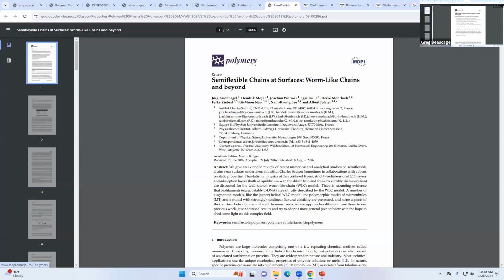Okay, so Polymer is a journal from Elsevier, and Polymers is a journal from MDPI, which is called a predatory journal, meaning that you pay to publish it and no one reviews it. The cost to publish is like $2,000, so you can publish anything you want. It's not a reviewed journal, it's not legitimate, okay?